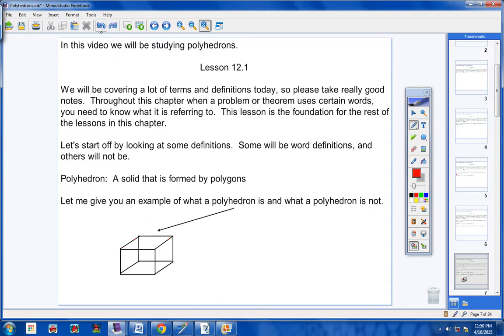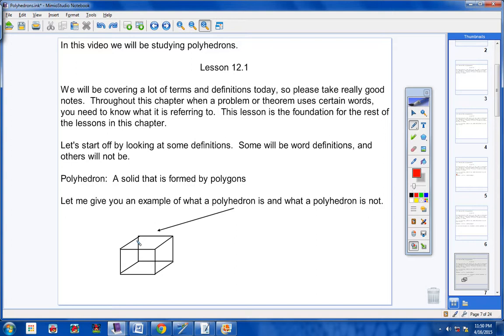For example, the top of the box here is a rectangle, the side is a rectangle, the front is a rectangle, the left side is a rectangle, the bottom is a rectangle, and the back side is a rectangle. Well, rectangles are polygons. So do you see what I'm saying? All of these sides or faces, whatever you want to call them, are a polygon, okay?